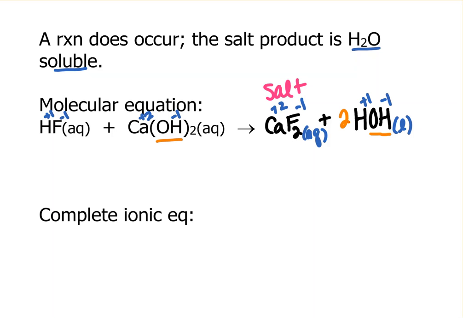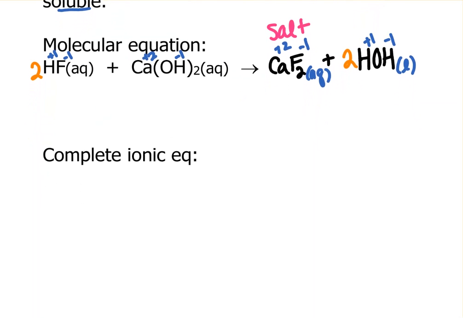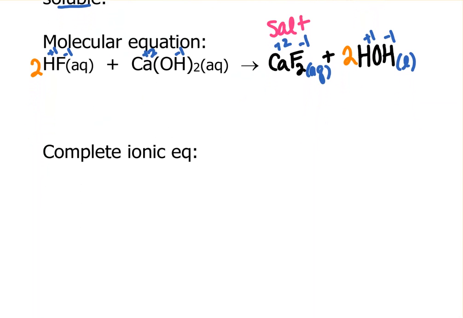So I'll put a 2 here. That gives me 2 hydrogen ions, so I need a 2 there. That gives me 2 fluoride ions, and here I have 2, 1 calcium, 1 calcium. It looks balanced.